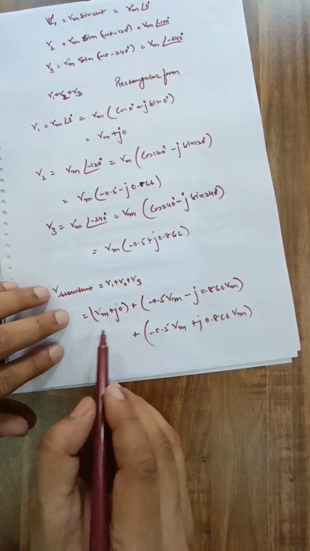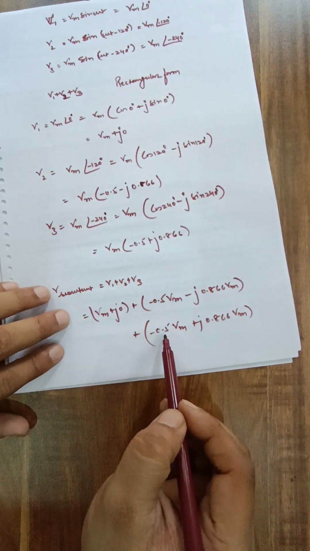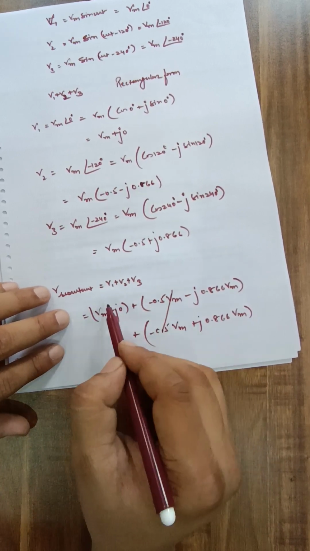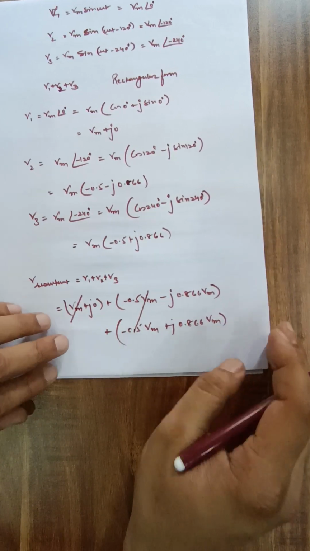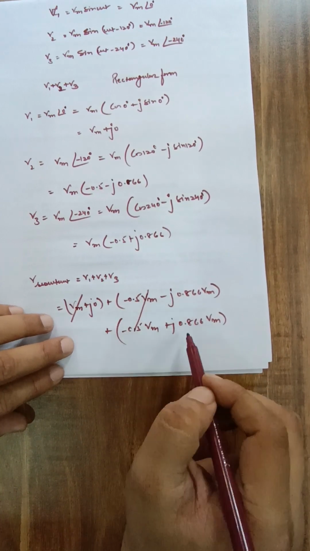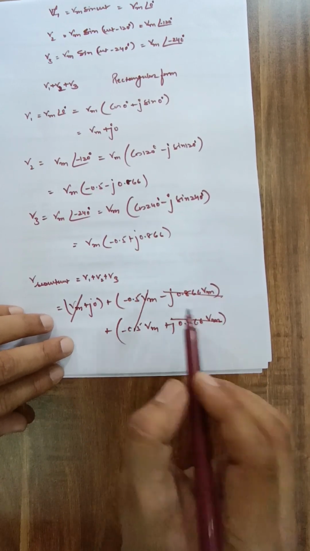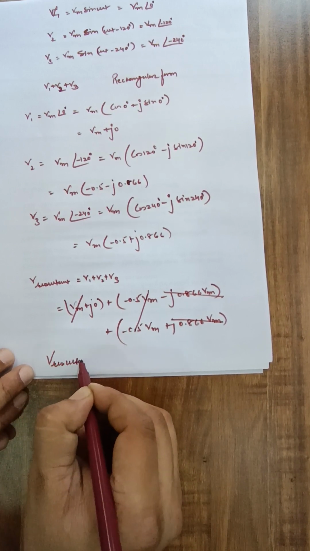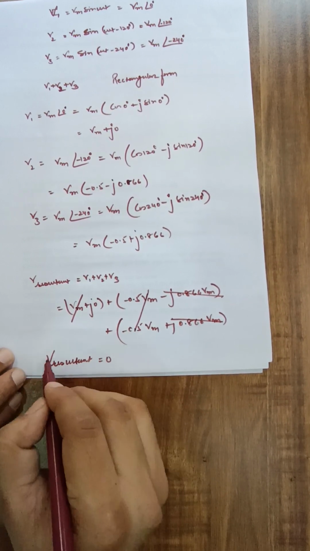So here you can see this 0.5 Vm and 0.5 Vm will be equal to minus 1 Vm. So this minus 1 Vm will get cancelled out with this Vm. Now these two terms are positive and negative and the same, so these two terms will get cancelled out. So overall V resultant will be equal to 0.